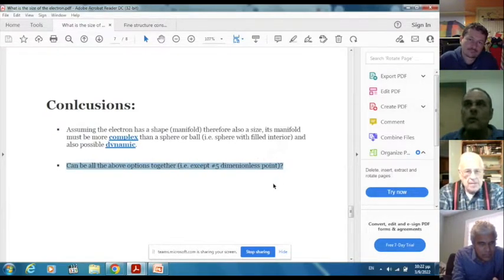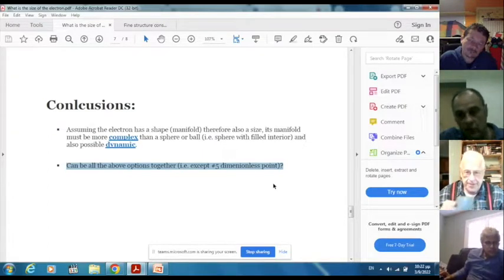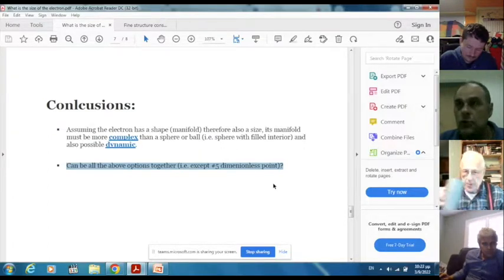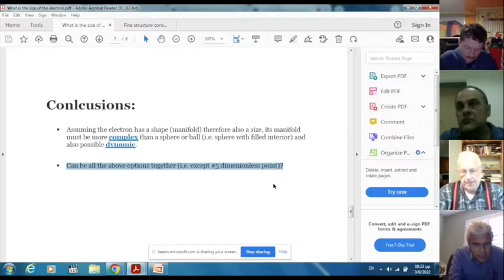Yes, elasticity. And the most important thing here is this: what about, let's say, maybe it has all the above options together? At first glance, you say it's not possible. How can you have all the above options, except of course the dimensionless point option, option 5? How can this shape have all this together?